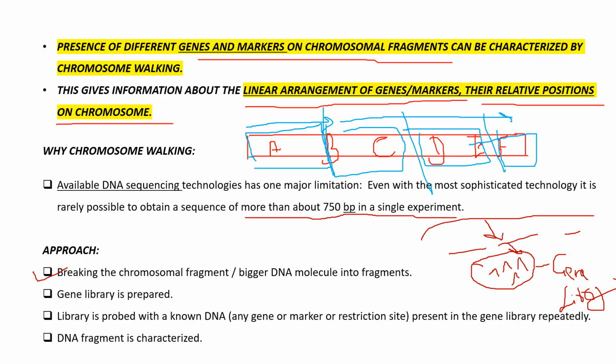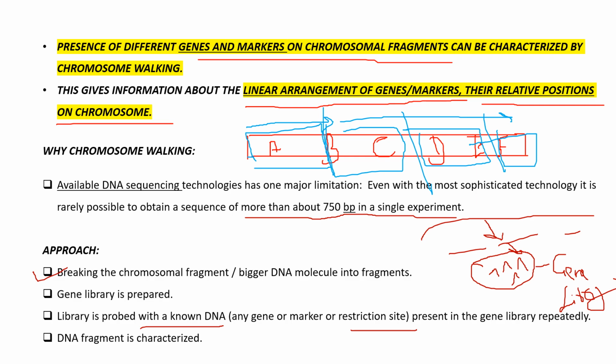Now each gene library is probed with a known DNA or marker or any restriction fragment to identify the presence of a particular DNA fragment in the library, and this is done repeatedly to identify different clones.